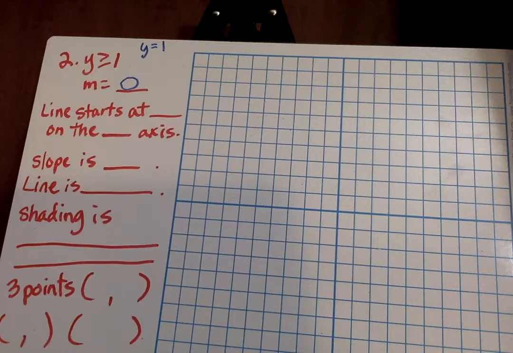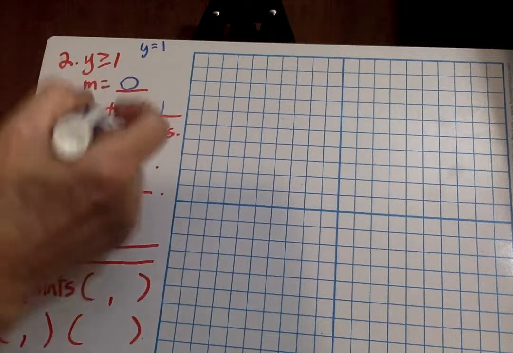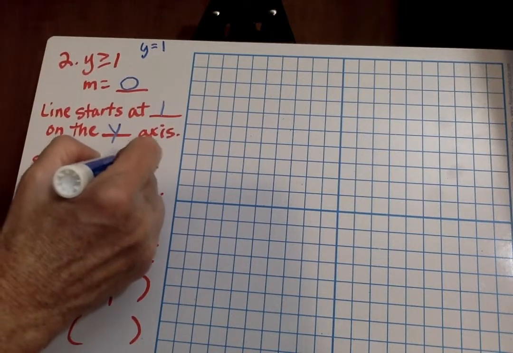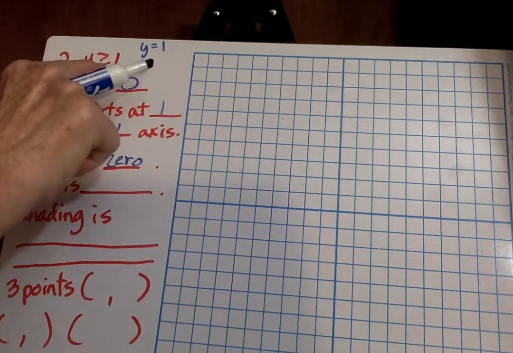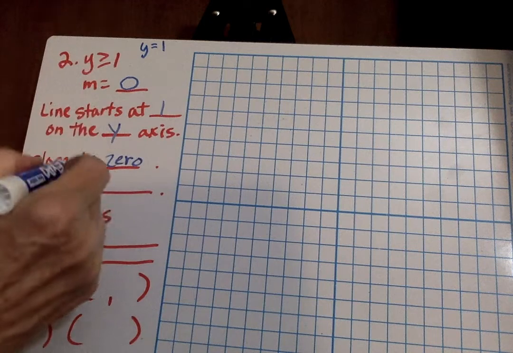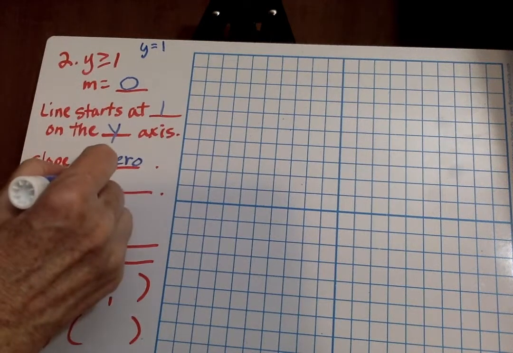Where does our line start? It starts at 1 on the y-axis. The slope of the line is right there, 0. And the line is what? Is it solid or dotted? It has or equal to, so more ink there means we're going to have a solid line.